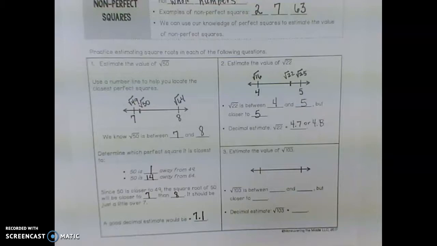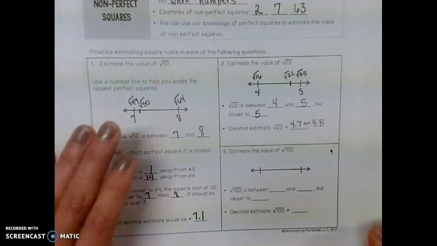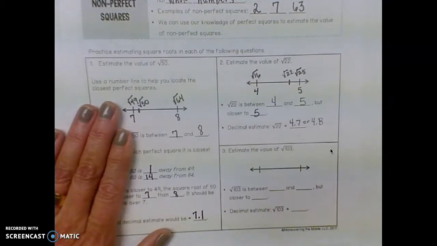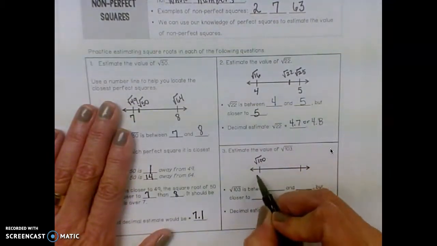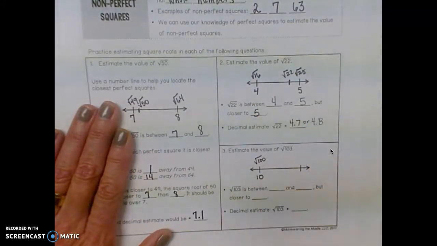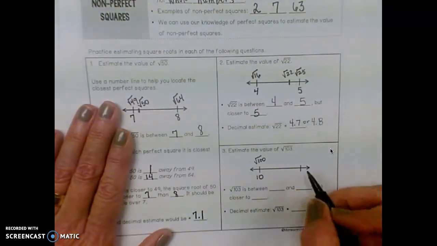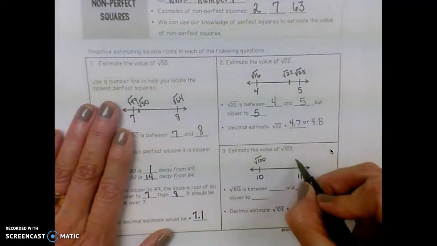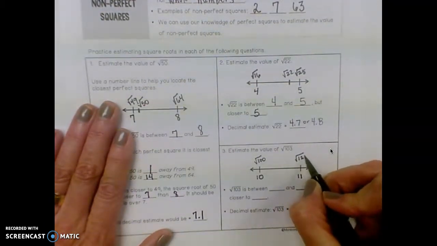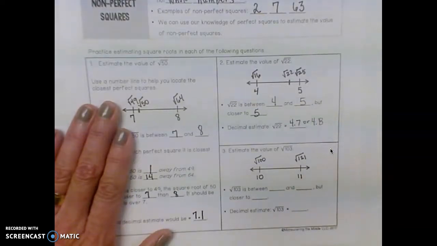Number 3, estimate the value of the square root of 103. I know 100 is a perfect square, and I know that side length would be 10, so the square root of 100 is 10. I know after 10 comes 11, and 11 times 11 is 121, so 121 is a perfect square.